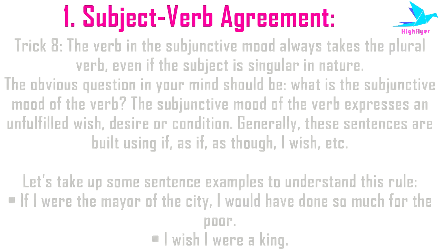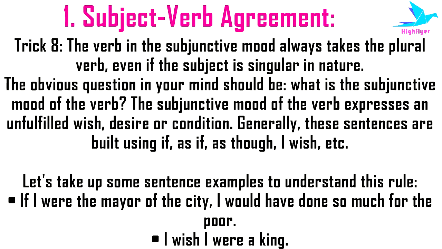Next trick, the verb in the subjunctive mood always takes the plural verb, even if the subject is singular in nature. Now the question comes, what is subjunctive mood? The subjunctive mood of a verb expresses an unfulfilled wish, desire or condition.